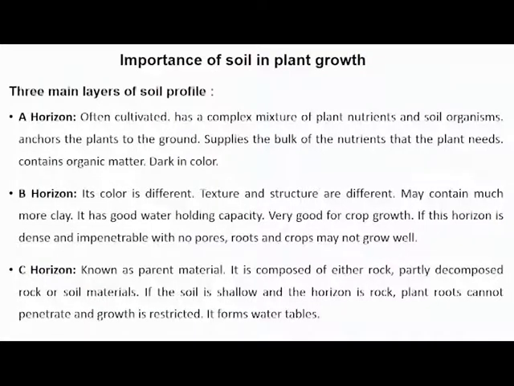The A horizon is the one that is often cultivated. Most of the time, this soil is worked on. It has a complex mixture of plant nutrients and soil organisms. A lot of plant nutrients and microorganisms dwell in this part of the soil, which is the topsoil, referred to as the A horizon.